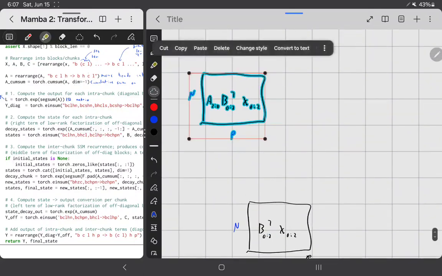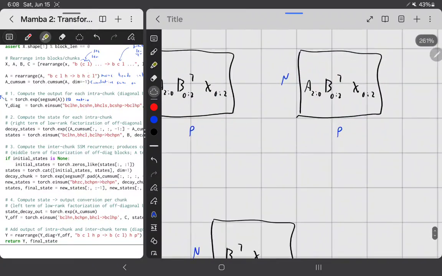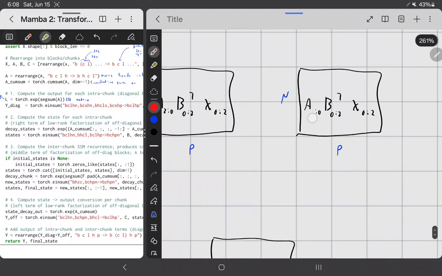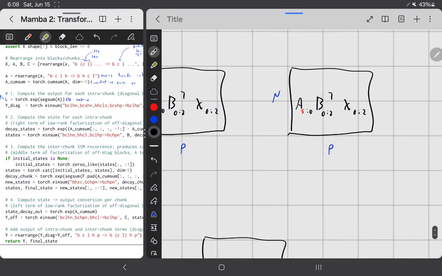But anyways, you get the point. Over here, the A values would change. So this would actually be from 5 to 0, and this would be 2 to 0. The reason you do this is because these queries are later, and because they're later, that means there are more A values accumulated in there.